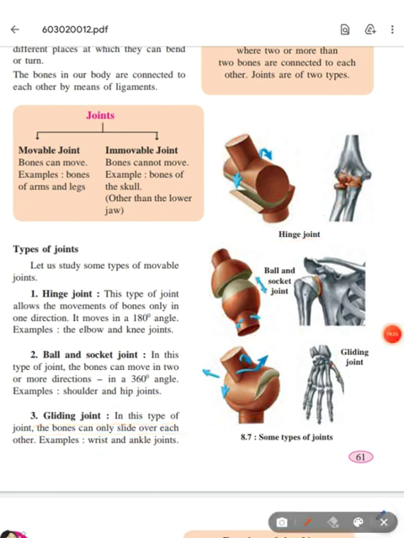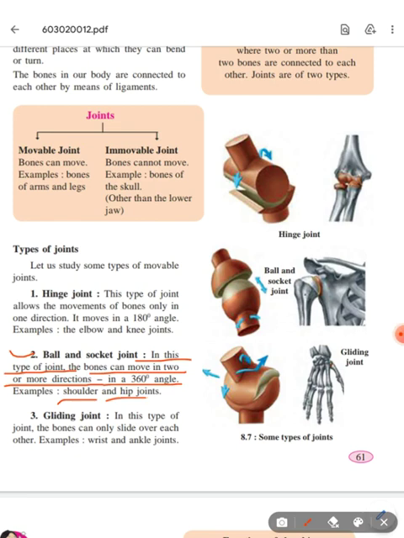Hinge joint. This type of joint allows the movement of bone only in one direction, at a 180-degree angle. Example, the elbow and knee joints. Ball and socket joint. In this type of joint, bones can move in more directions, in a 360-degree angle.